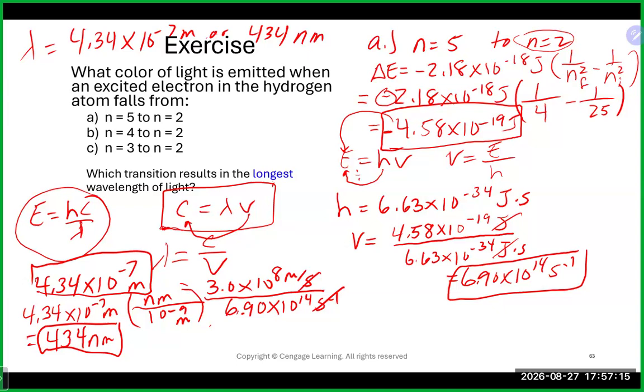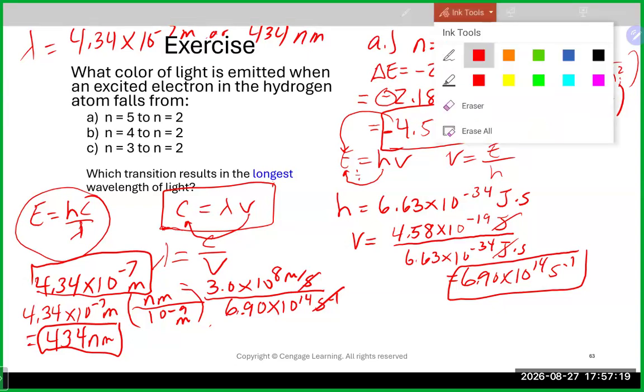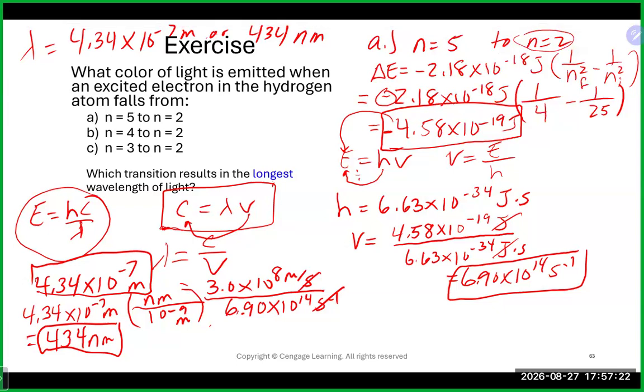All right, let's take a look at the next one, and why not? Let's just solve for everything here so we can see what's going on. We got an electron going from the 4th energy level to the 2nd. So on this one, we're going from 4 to 2. So once again, we could use our equation to figure out our energy, and we'll go with Rydberg's equation here.